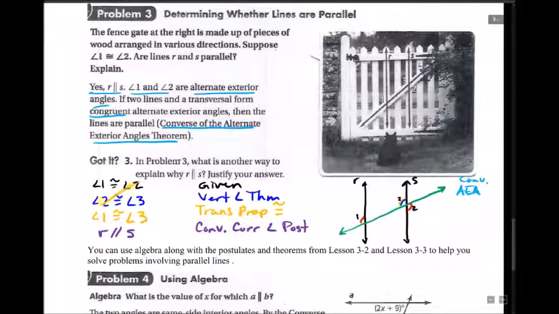And then angle 1 and angle 3 here are corresponding angles. Right? We know those are corresponding angles. And I can say that line R is parallel to line S by the converse of the corresponding angles postulate.